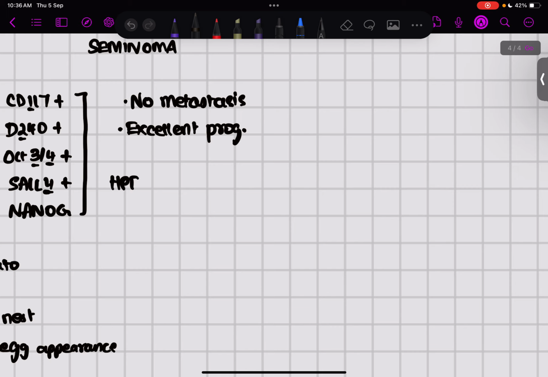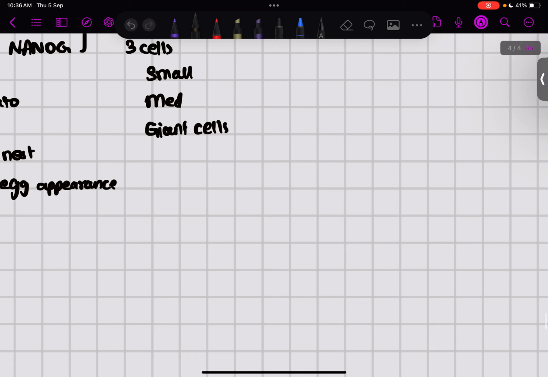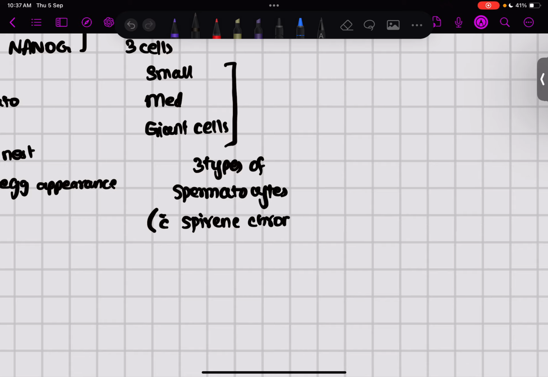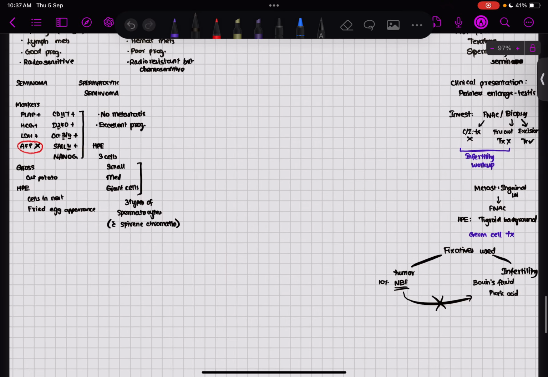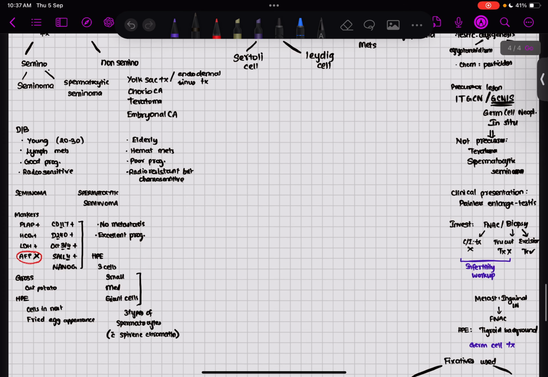Histopathological examination shows 3 types of cells: small, medium, and giant cells. There are 3 types of spermatocytes with spireme chromatin. With this, seminomatous tumors is over.